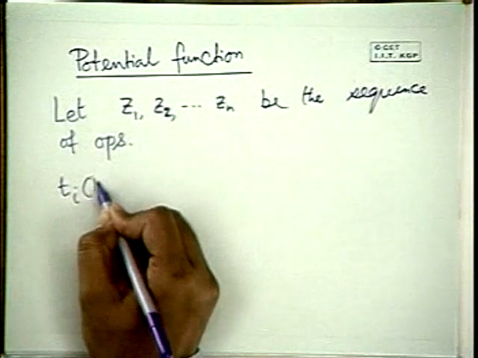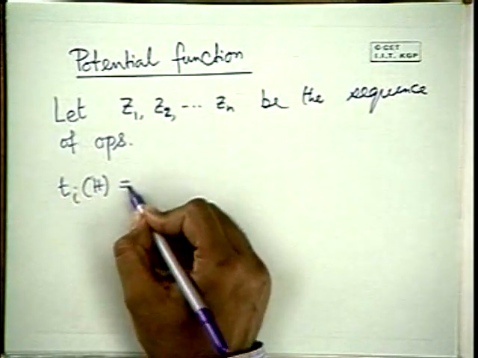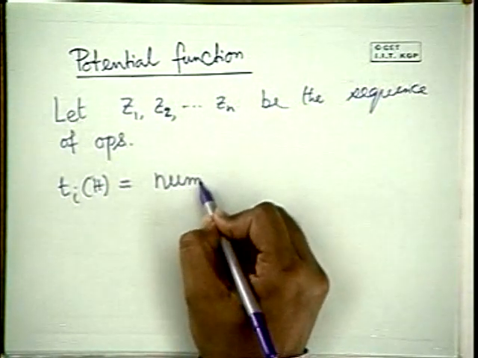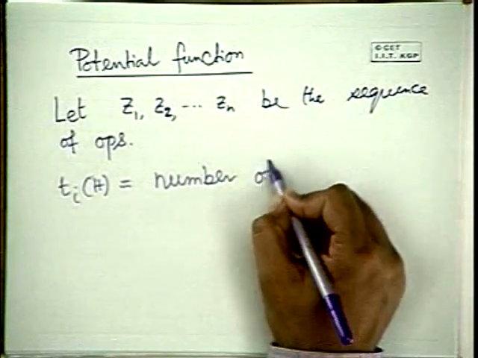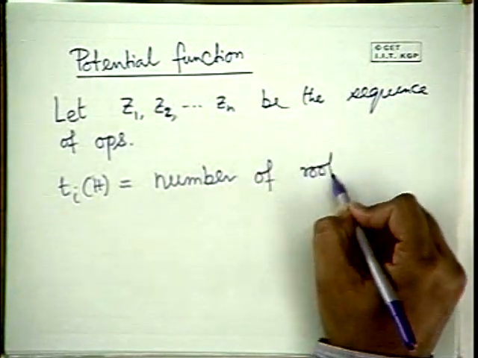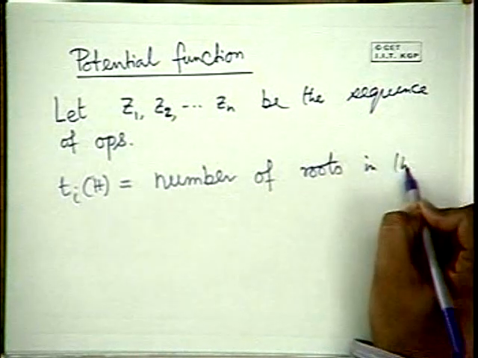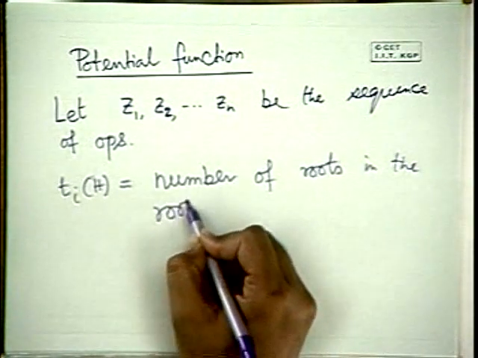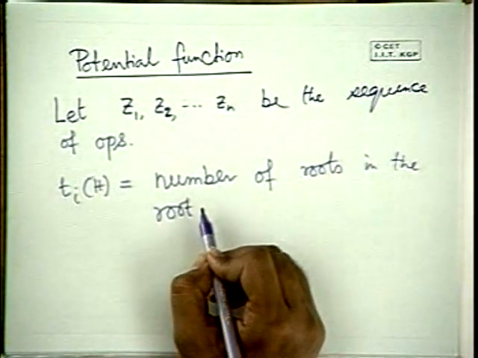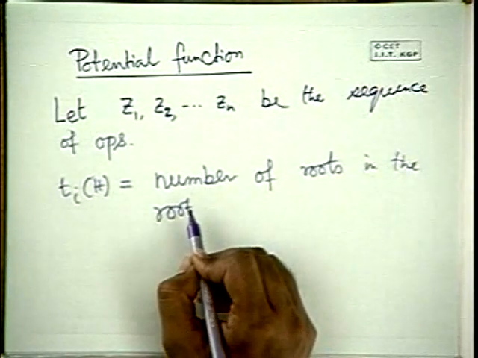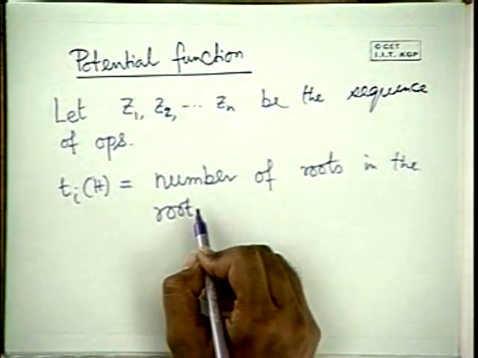This is the sequence of operations. Now let Ti of H be equal to the number of roots in the root list. What is the root list? Basically the doubly linked list which is linking all the roots into a single link.